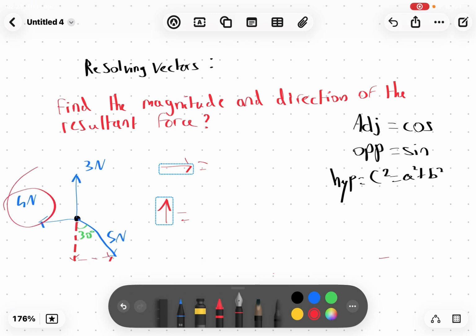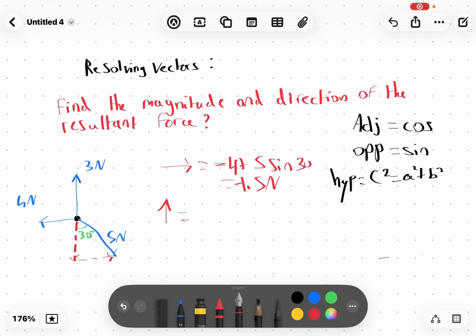The 4 newton one is on the left, so it's minus 4, plus the horizontal over here, which is positive, 5 sine 30 for the 5 and 30 degrees. The answer of all this will be minus 1.5 newtons.